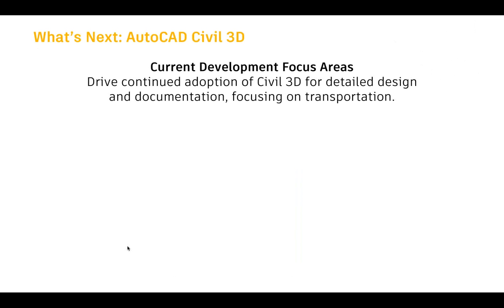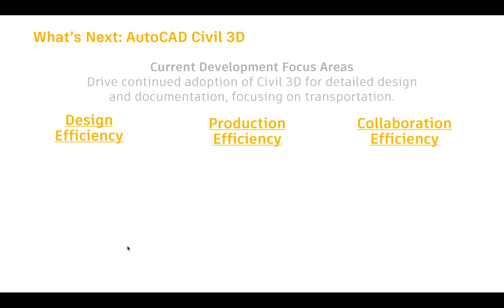We have some areas that the Civil 3D team is working on for the next release. There are three main areas that we are focusing on: design efficiency, production efficiency, and collaboration efficiency.